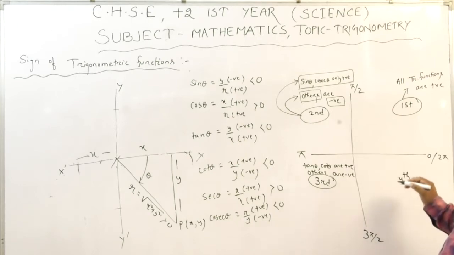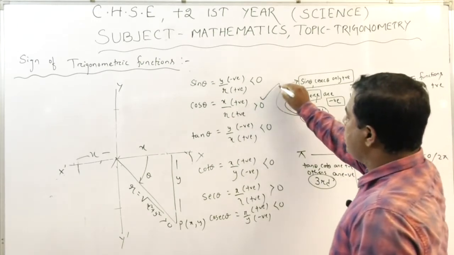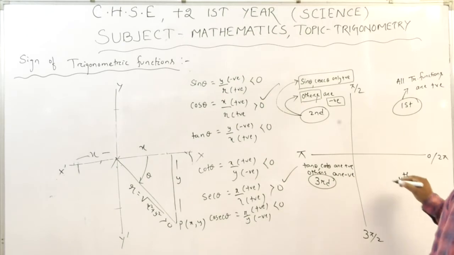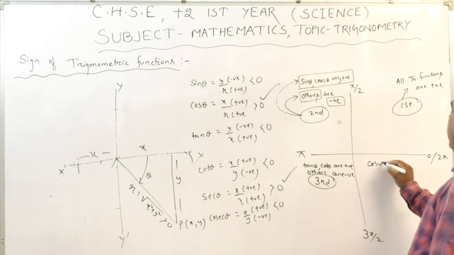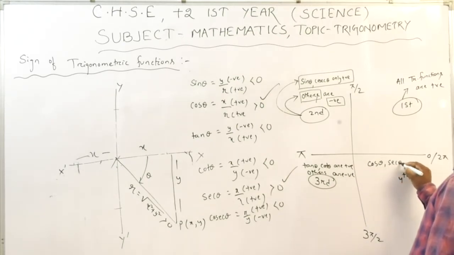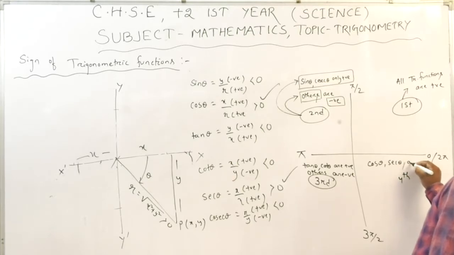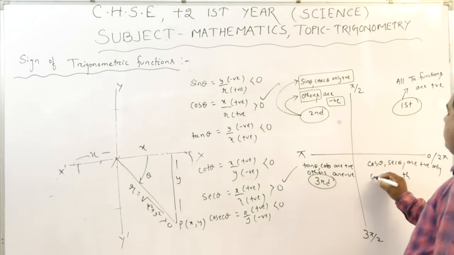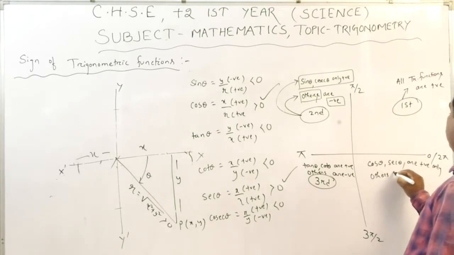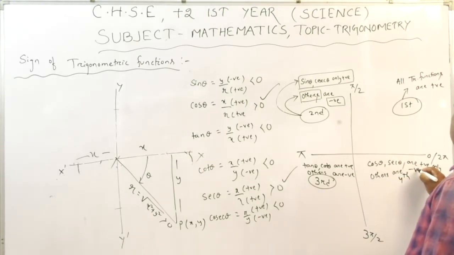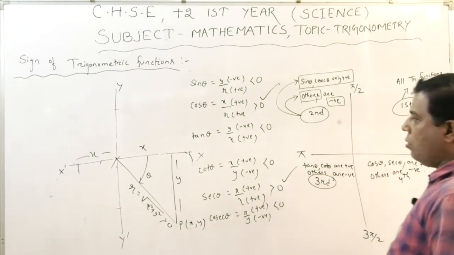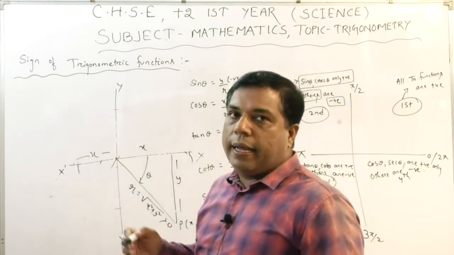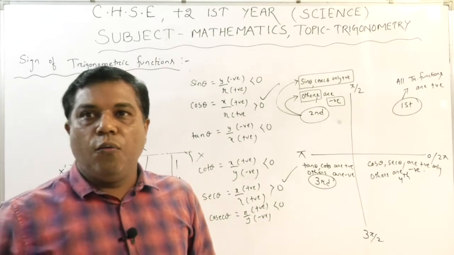Cos theta and sec theta, these two are positive. Only these are positive; the others are negative. That is the conclusion for angles lying in the fourth quadrant.